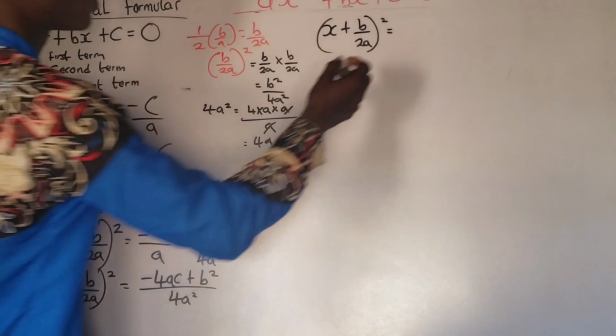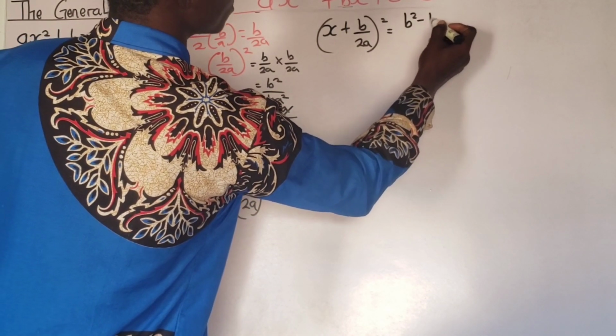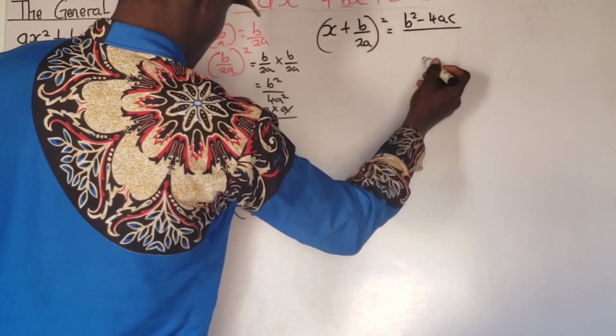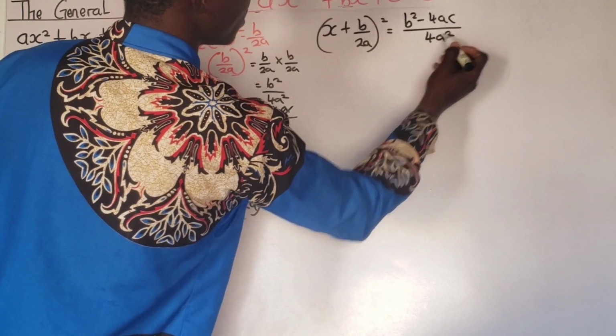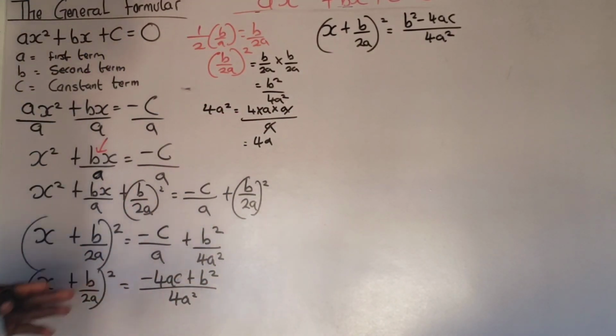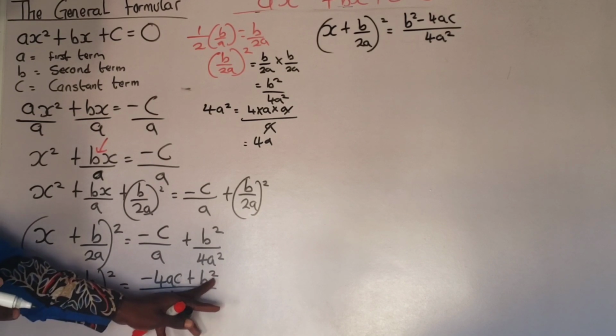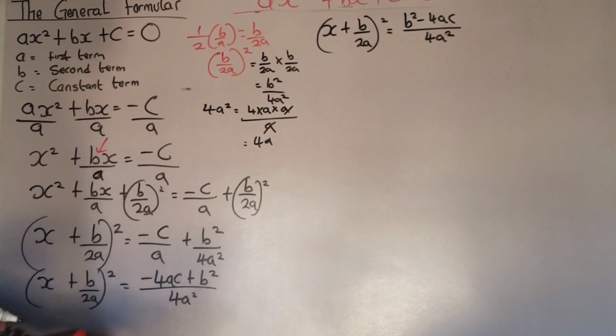So I'm going to have b squared minus 4ac all over 4a squared. I've not done anything. I just write the numerator as b squared minus 4ac. The next step is that we have to take the square root of both sides.